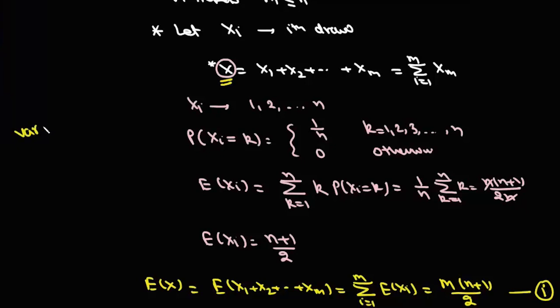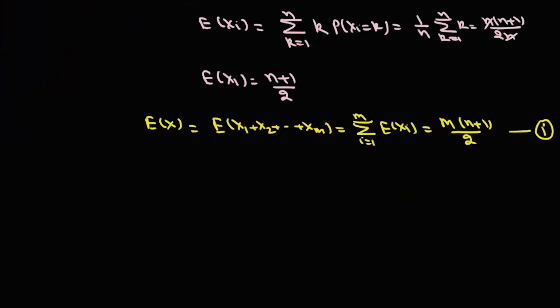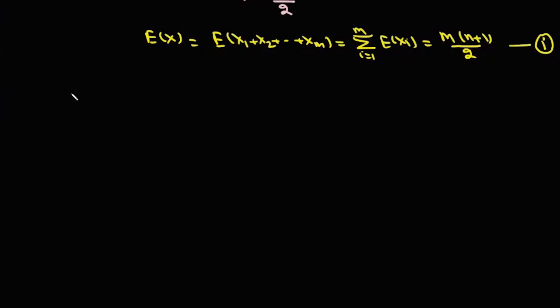Now we know that the variance of x is the expectation of x square minus the expectation of x, whole square. So here we have to find this term, the expectation of x square. So what we are looking at is the expectation of x square. And what is x square? x square is this x1 plus x2 plus up to xm into x1 plus x2 plus up to xm.